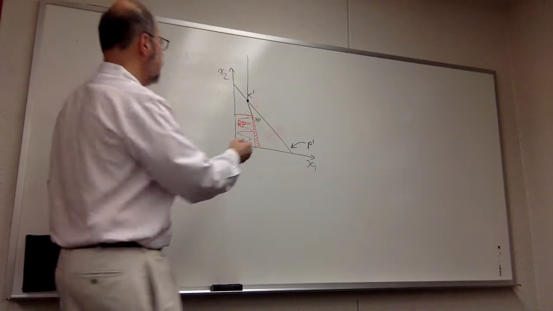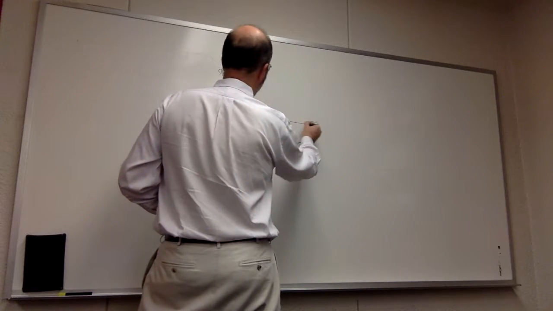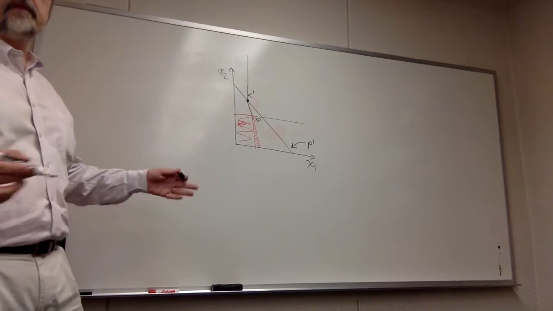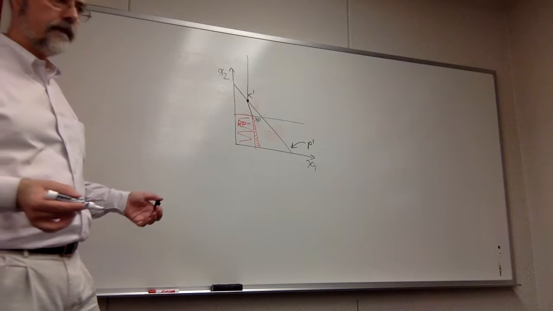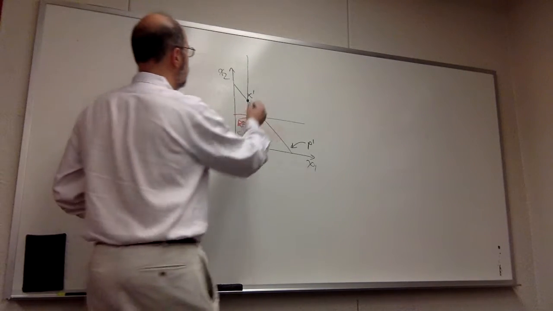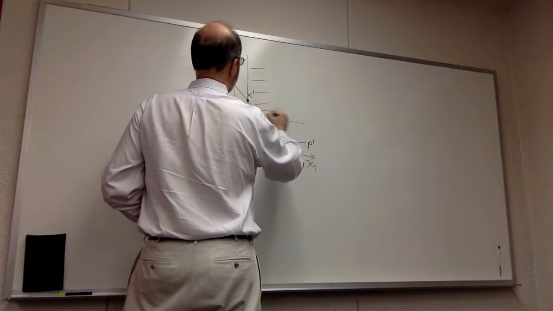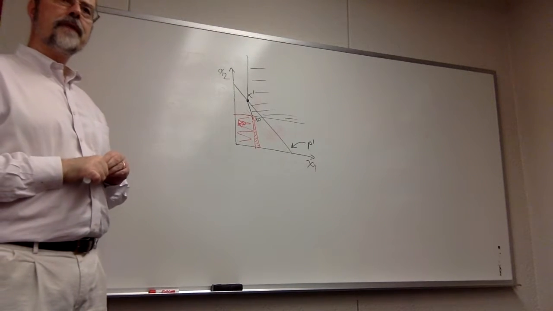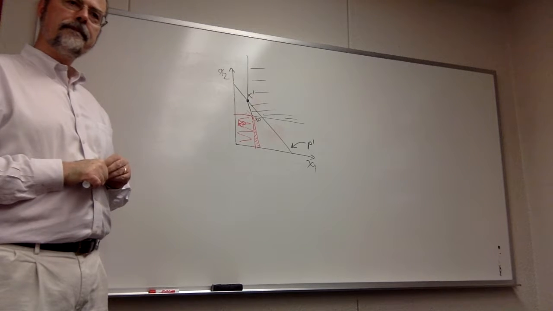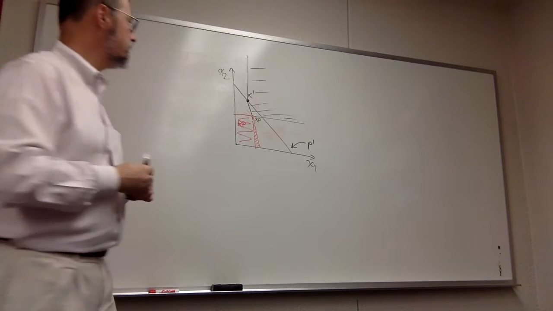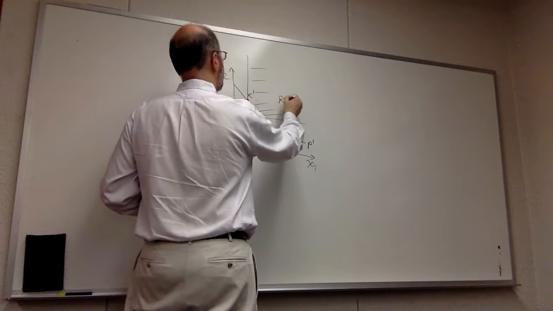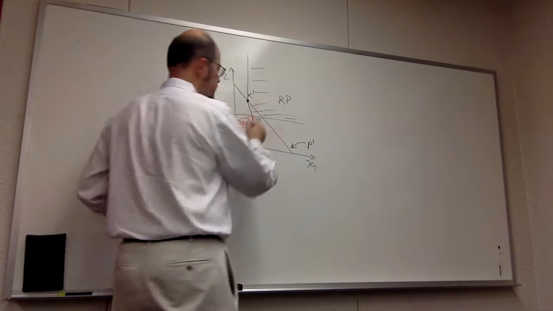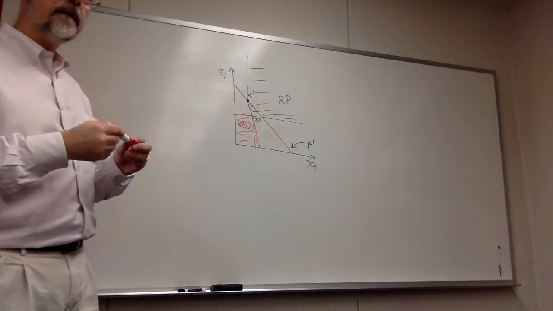And if you go up this way, all the points on that segment are revealed preferred to x0 because of monotonicity, if nothing else. Now convince yourself that if you shade this, they're all revealed preferred to x0. So this is a revealed preferred set, and this, I wrote it wrong, I always do that, is a revealed worse set to x0.